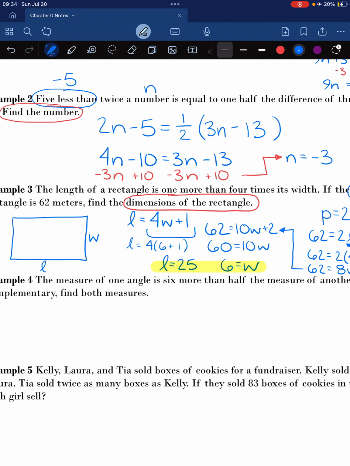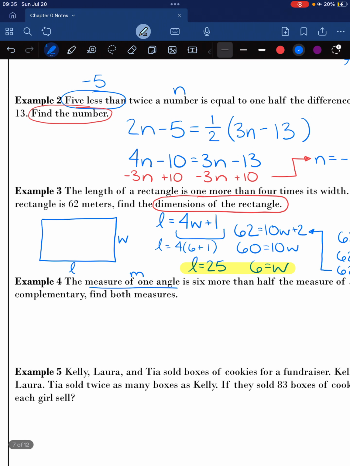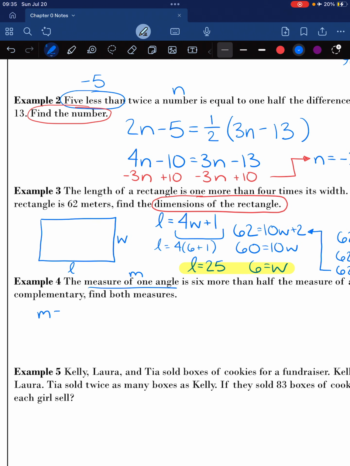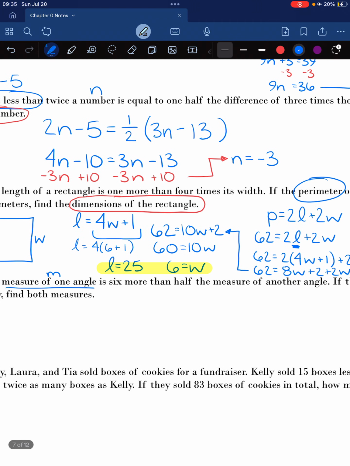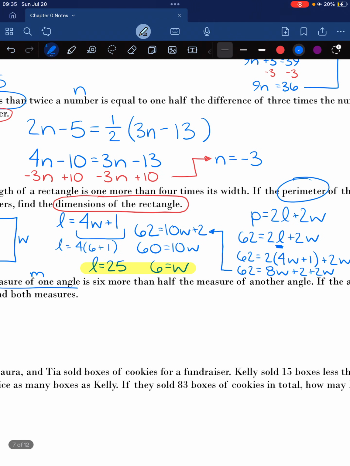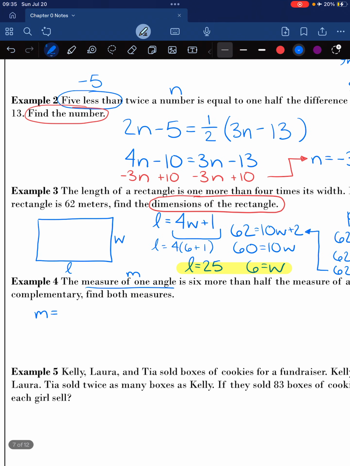Okay, example 4, the measure of one angle is, so the measure of one angle, I don't know what that is, so let's call it M for measure maybe. You could use A for angle, you could use X, because we normally use X for variables. So the measure of one angle is 6 more than, so plus 6 half the measure of another.